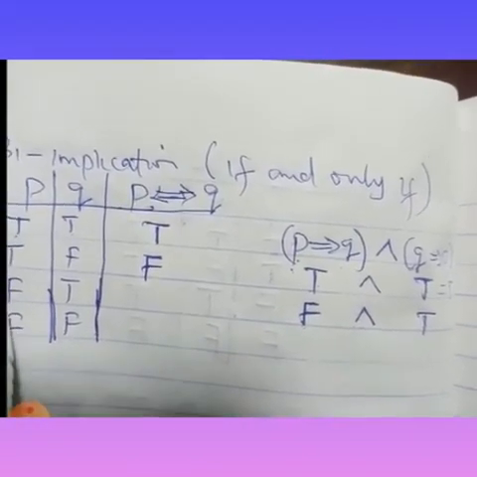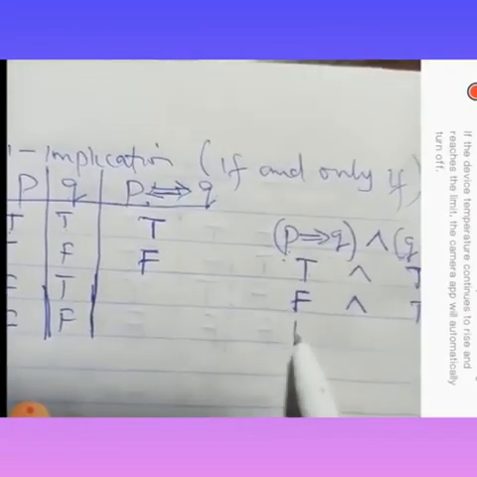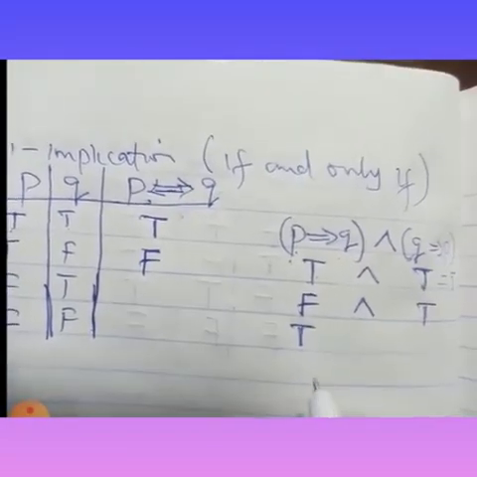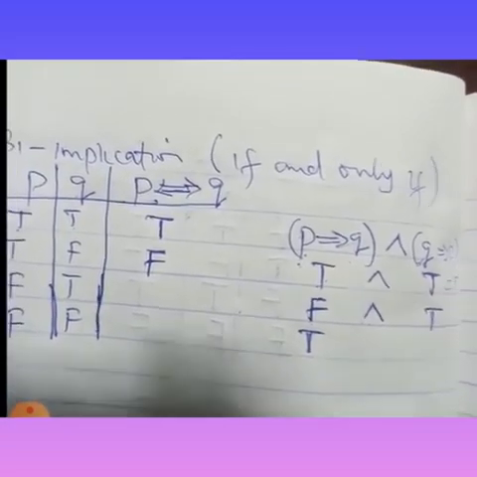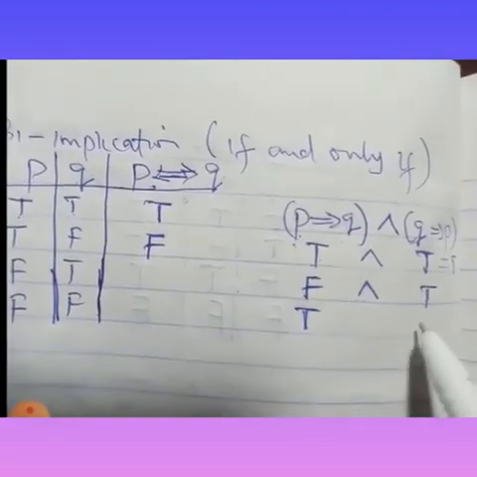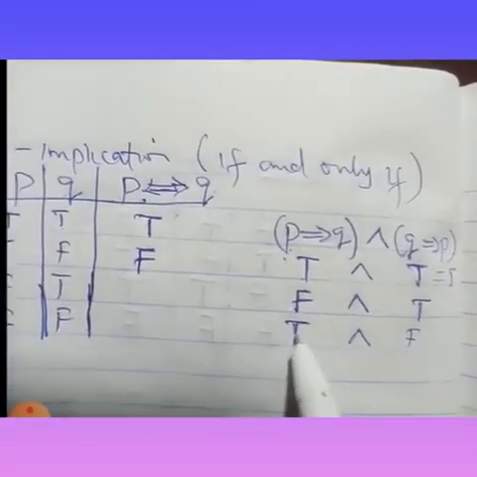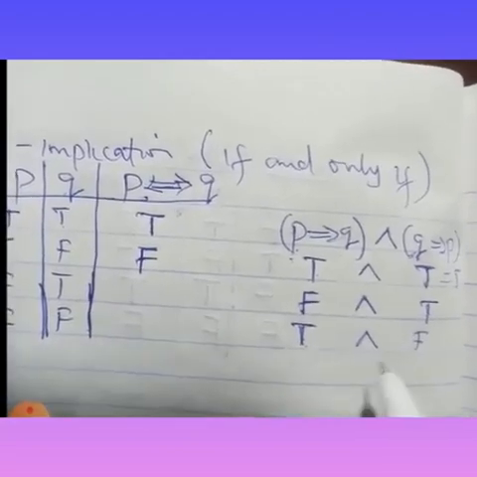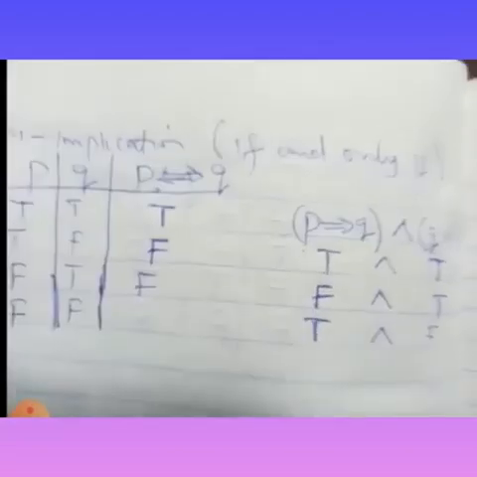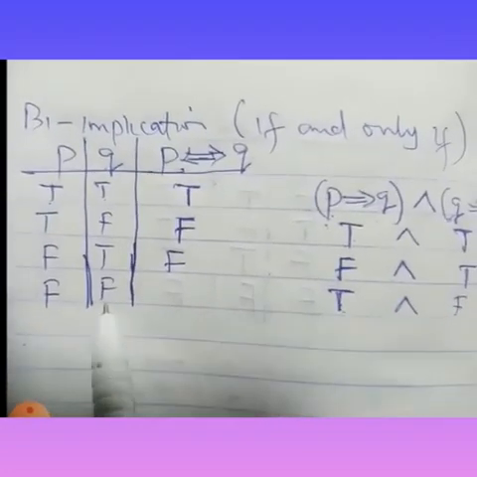And the next is false, true. So false implies true, of course, it is true. Now coming back from Q to P, that is true implies false, that is false. So if you combine both of them, true and false, 1 times 0 is 0. So we have false. Now the last one is false, false.